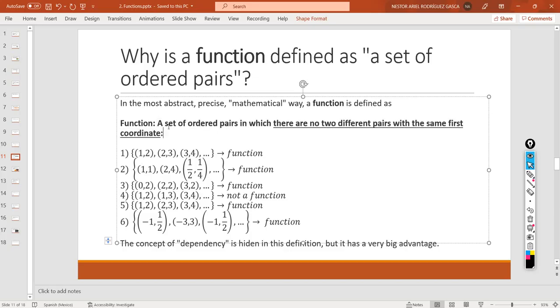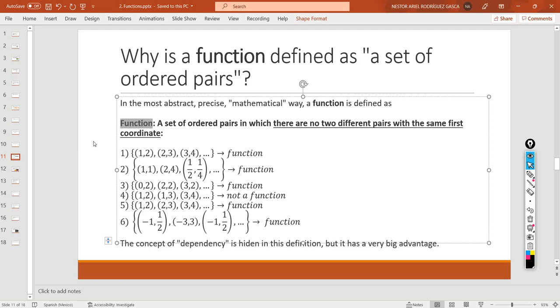I know this sounds extremely abstract. I already gave you the idea behind function: it involves the concept of dependency of a certain variable y depending on a variable x, and for one single value of x, we only get one and only one value of y.